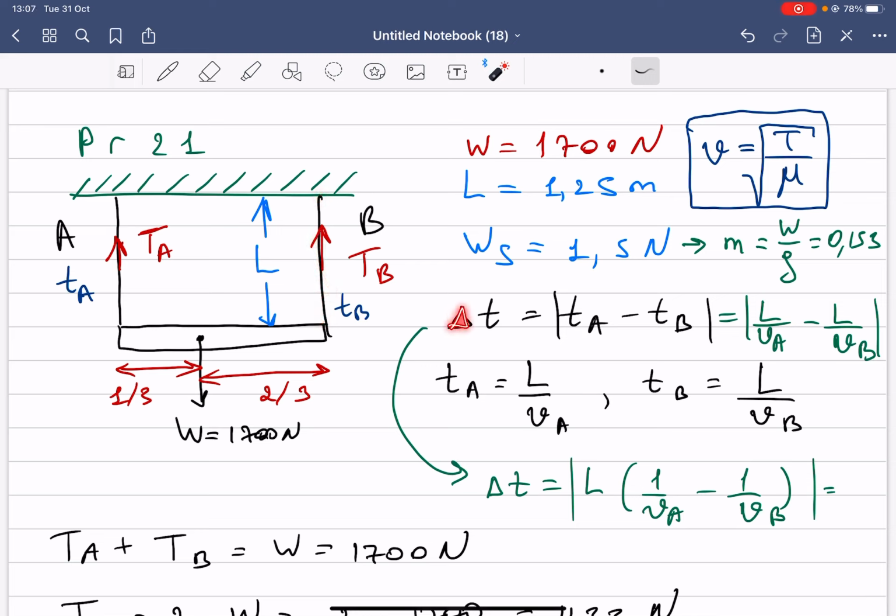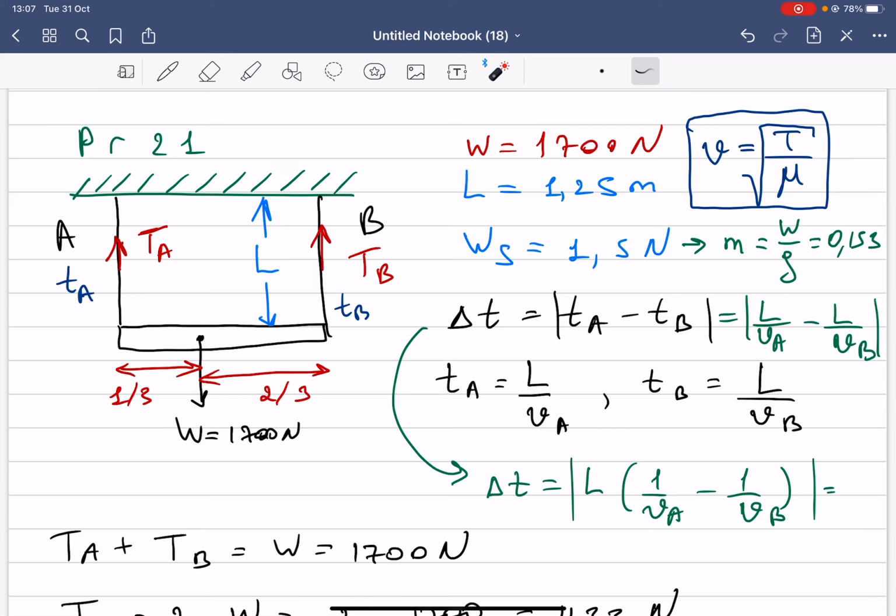So that will be delta T, TA minus TB, okay? We have to find what is the TA and what is the TB. So TA will be length, the same length, divided by the VA.